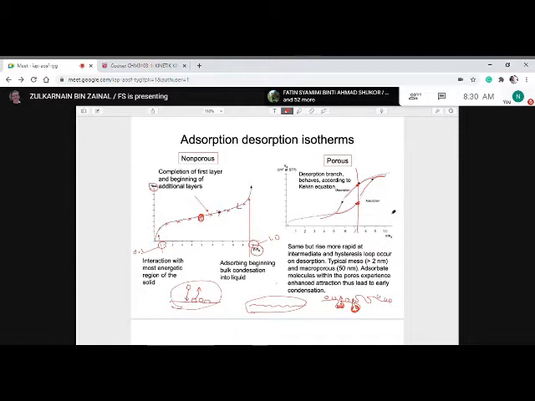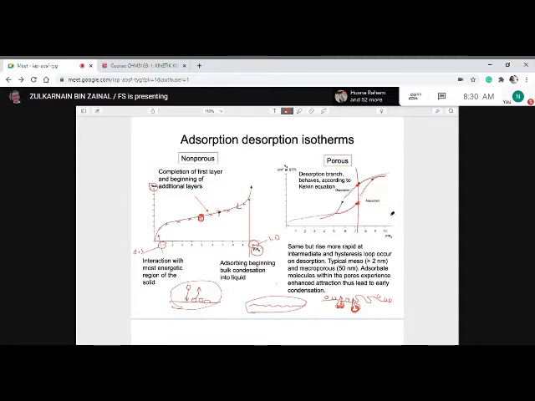So the amount adsorbed and the amount desorbed are different. The amount desorbed is actually higher compared to the amount adsorbed at certain pressure, right?